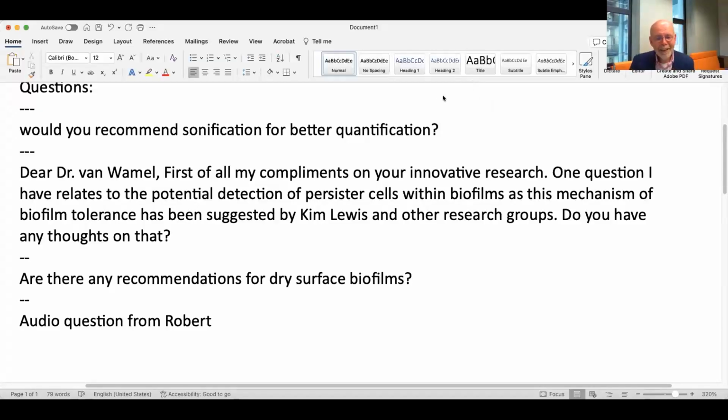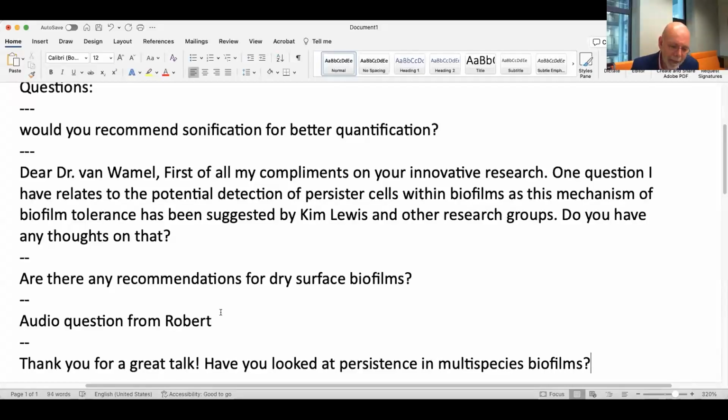The amount of energy that is generated by these biofilm-grown bacteria is usually lower in comparison to when you do similar kinds of planktonic experiments. So it looks like the bugs scale down their metabolic activity in the biofilm, making them, of course, less sensitive to antibiotics.